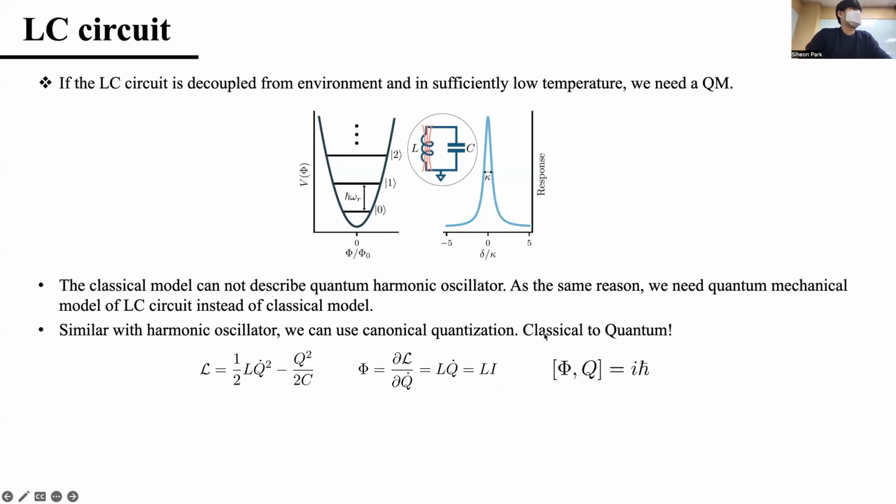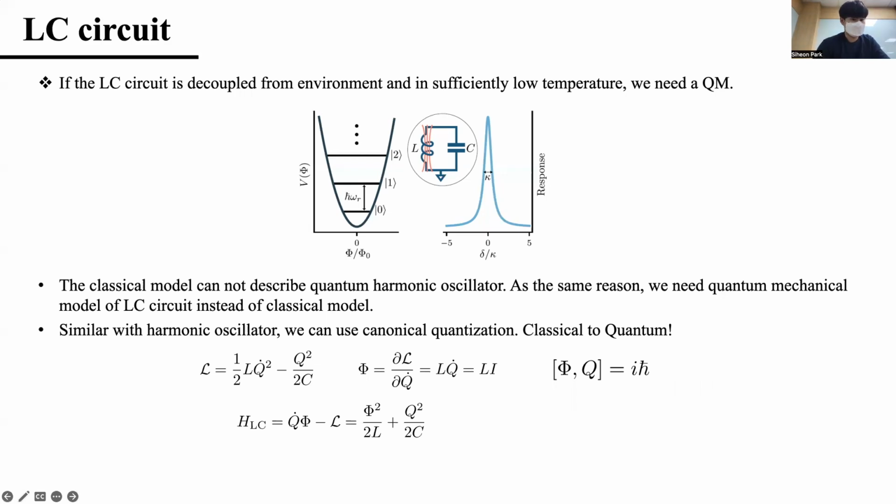Momentum and position have a commutation relation because they are conjugate variables. In this case, instead of momentum and position, charge and current are conjugate variables, so they do not commute.